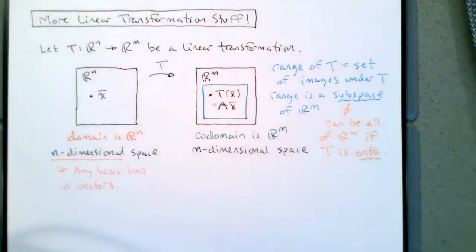If the transformation T maps Rn onto Rm, that means we're covering everything in Rm. The range of T is equal to the codomain. Since the concepts of subspaces and basis have come up, we need to talk about how we describe subspaces.